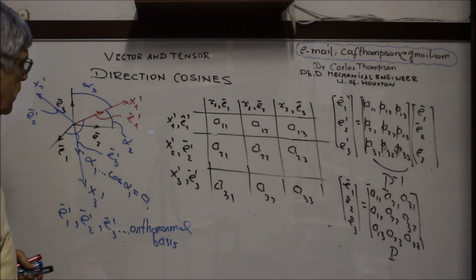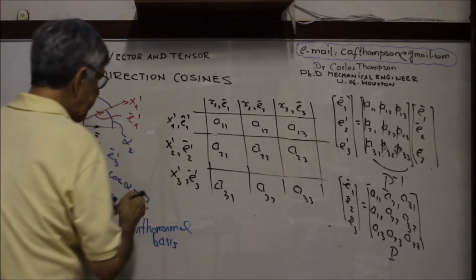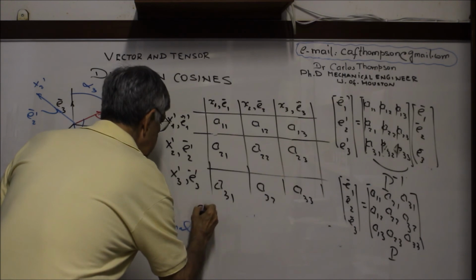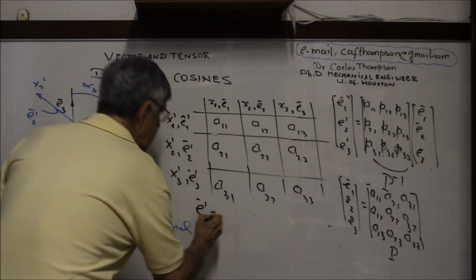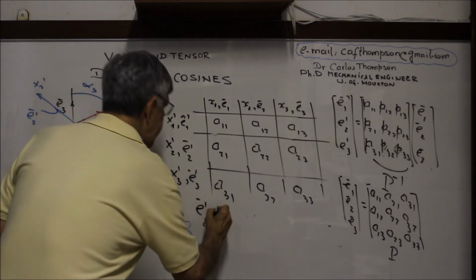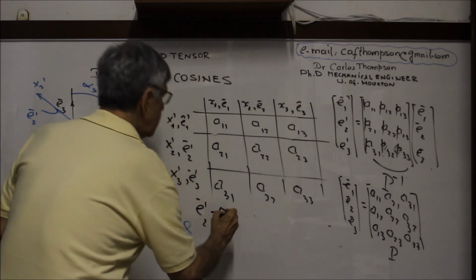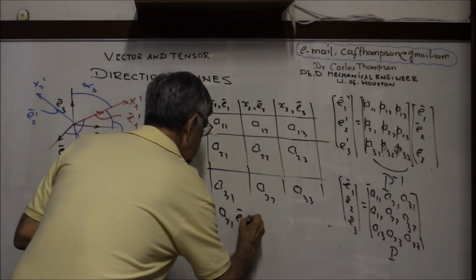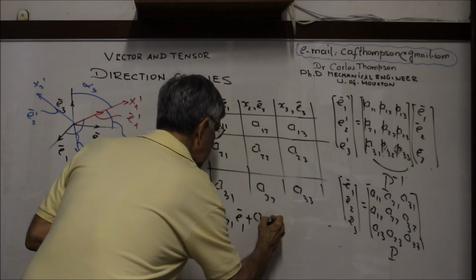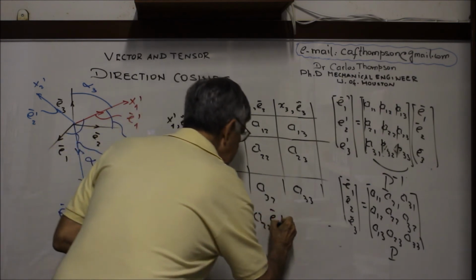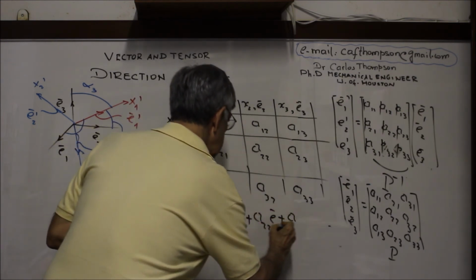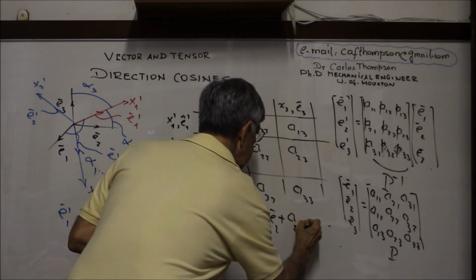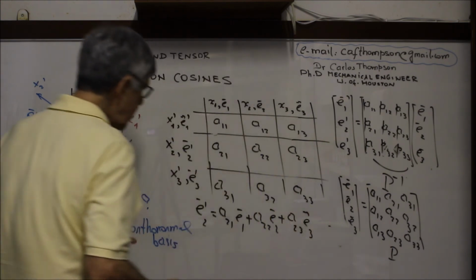You just write E prime 2 is equal to A21 E1 plus A22 E2 plus A23 E3, where A is a number.